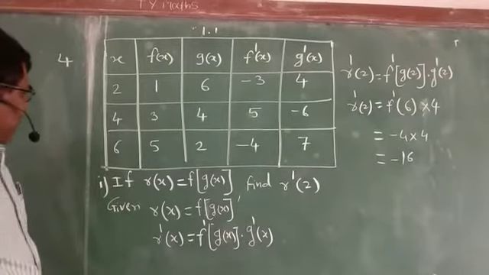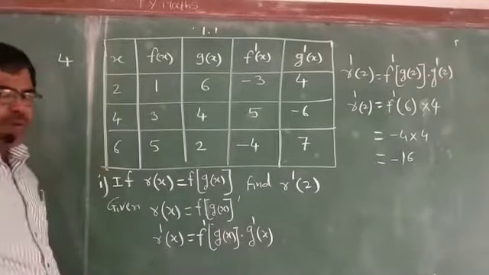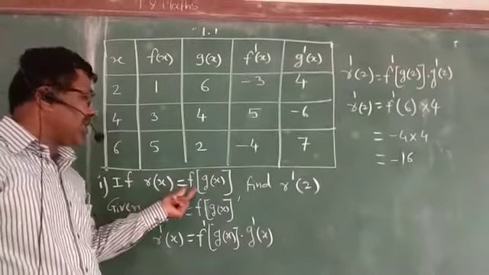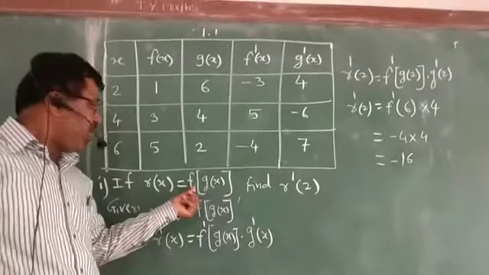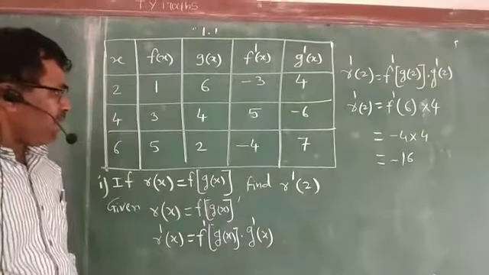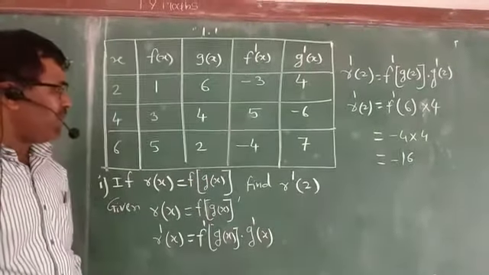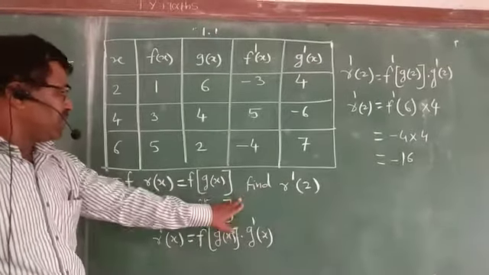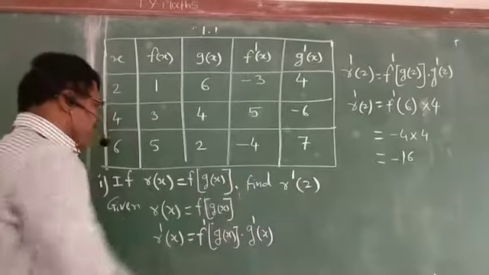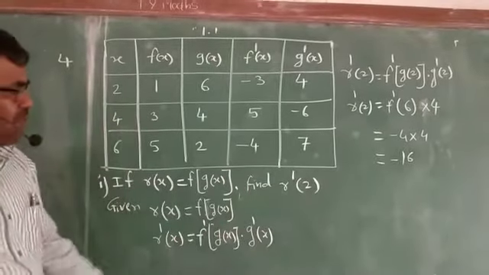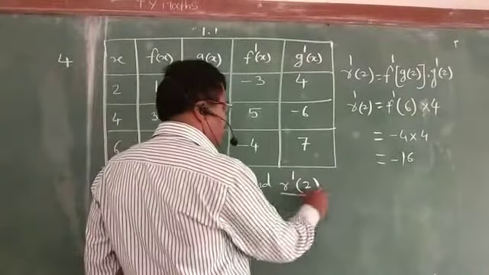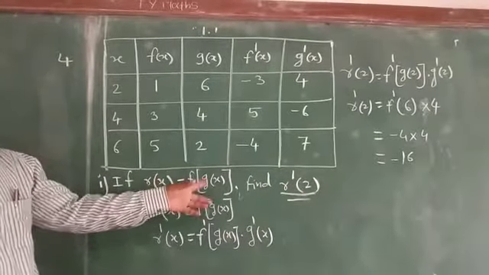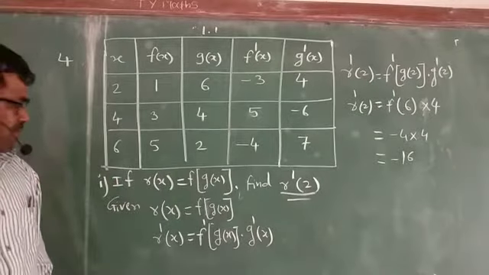Student, example number first. If r of x equal to f of g of x, find r dash of 2. We have to find r dash of 2. R is the composite function of f and g.